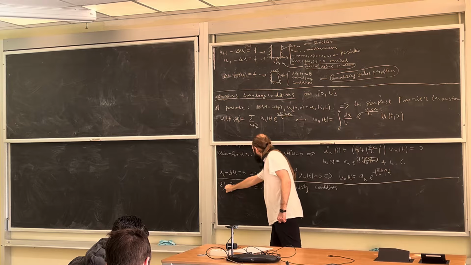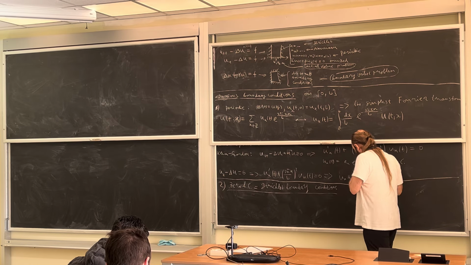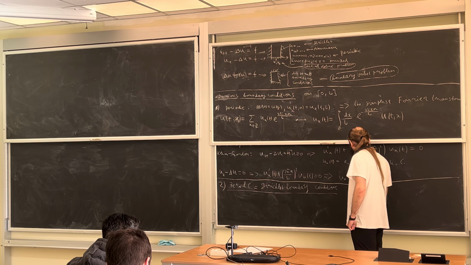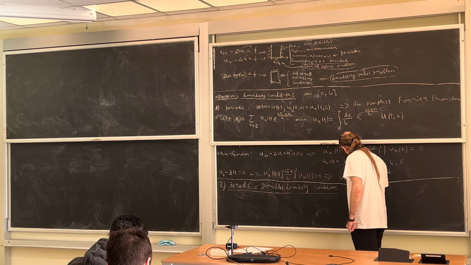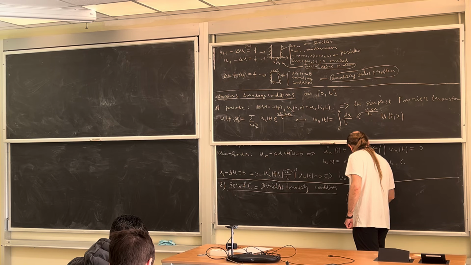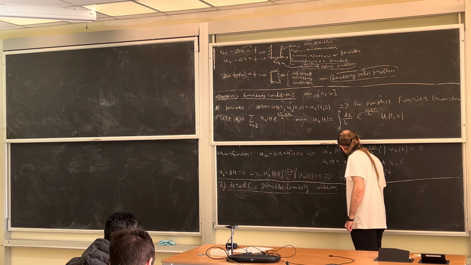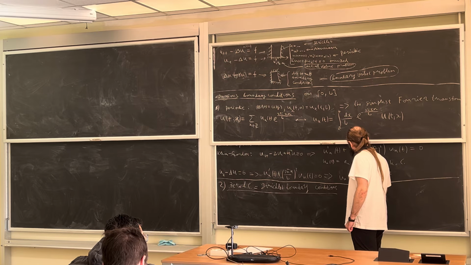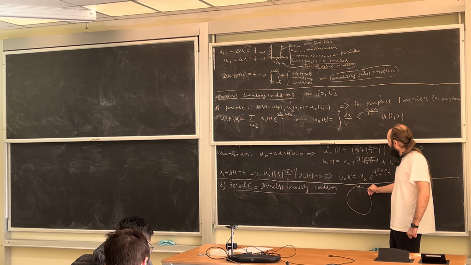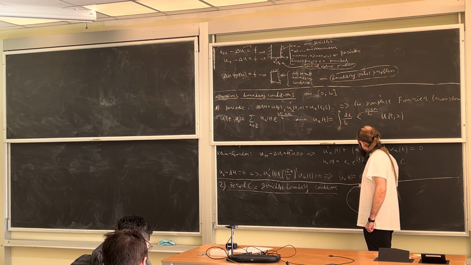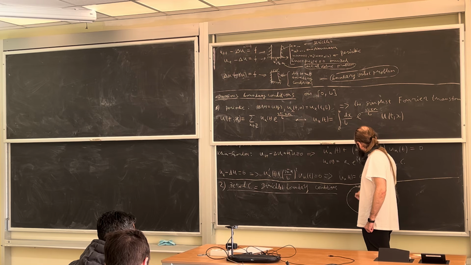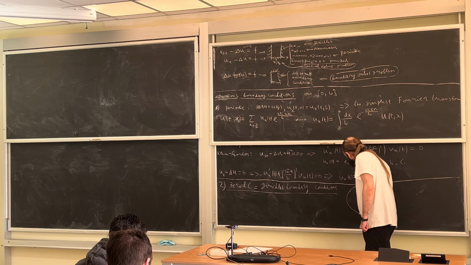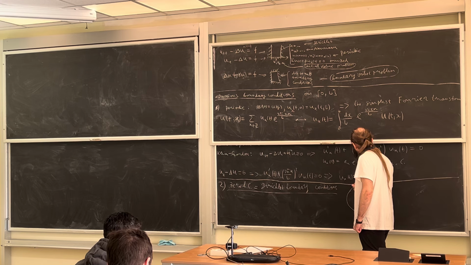So I already told this at some point, but let us repeat this construction. So we can start from our problem on a circle, from 0 to L. And maybe let us take it from 0 to 2L.